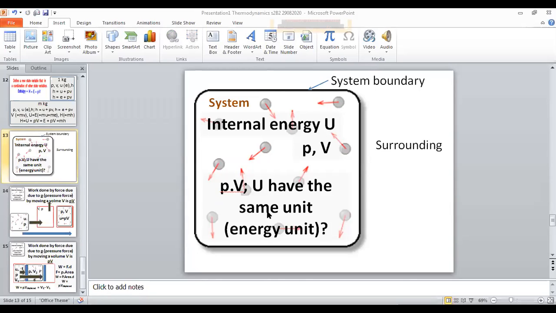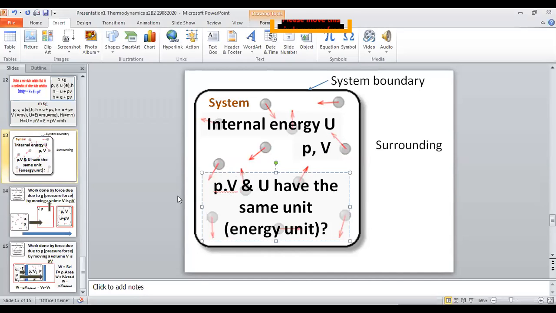So P times V and U have the same units. Okay, you have to notice this.